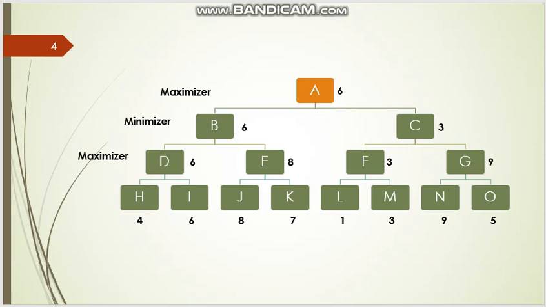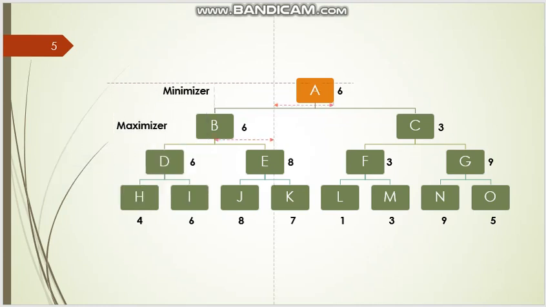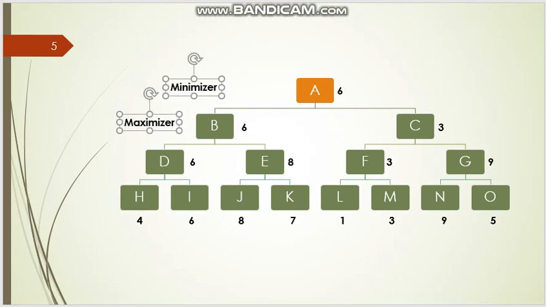So this is the value if the first player is the maximizer. Now if the minimizer is the first player, then it will come in this way.